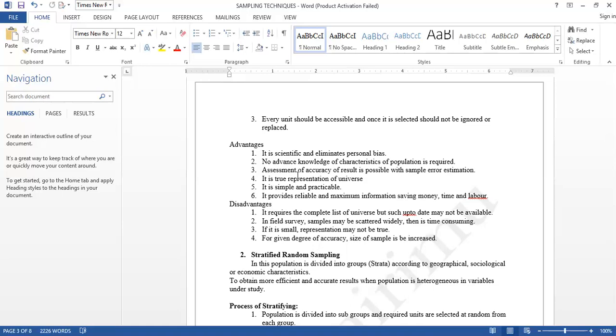Given the chance, you can pull a few elements from this population, come up with a size of, let's say, 5, conduct your survey and give us the results, which you can use to make the conclusion. Since knowledge of the features of the population is not required beforehand, and only a little information is needed, it helps us minimize the time we'll use for our research work. And that is a good benefit that we can reap from the simple random sampling method.